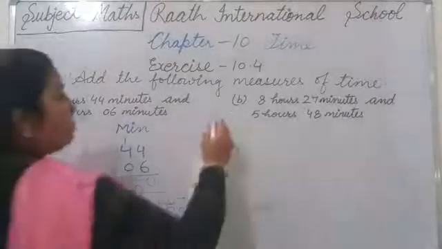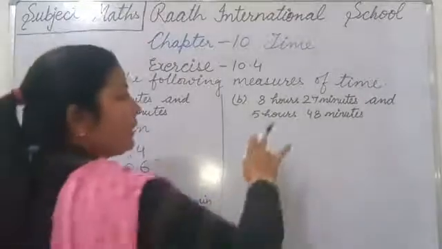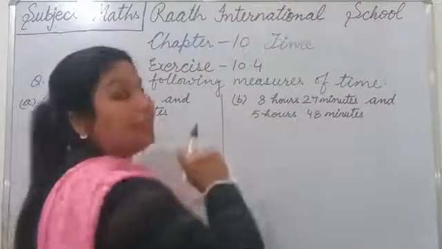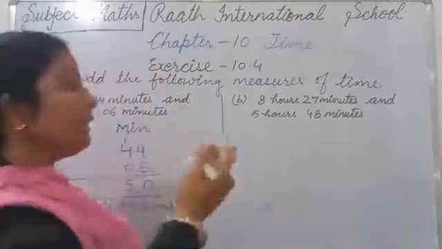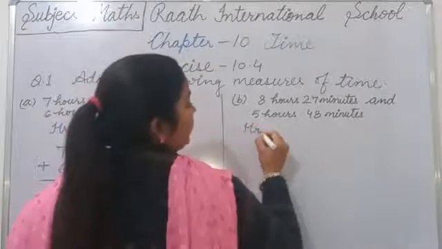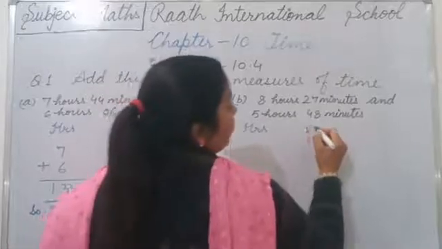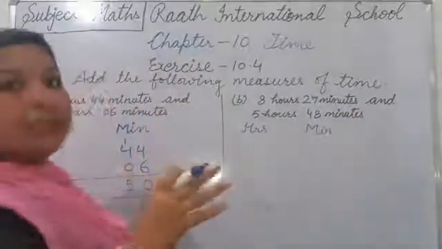Now it's the B part. In B part we have 8 hours 27 minutes and 5 hours 48 minutes. So again we should put the columns. Here we write hours HRS, minutes MIN, and for second we write SEC in short.